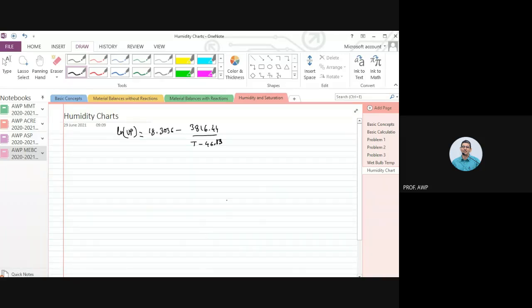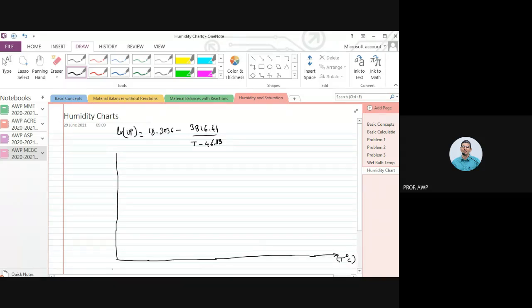Nobody's got bored? Excellent. Okay, what we are going to do is we are going to plot a graph. The graph we are going to plot is on y-axis, we are going to plot something, and on x-axis we are going to plot temperature in degrees centigrade.